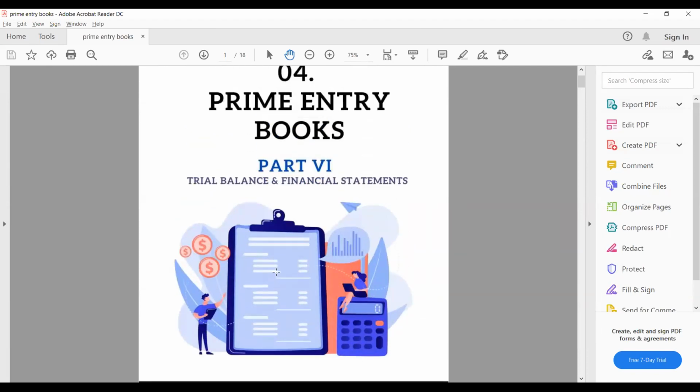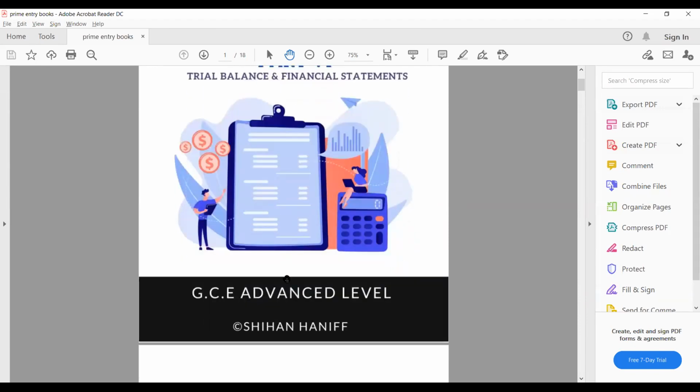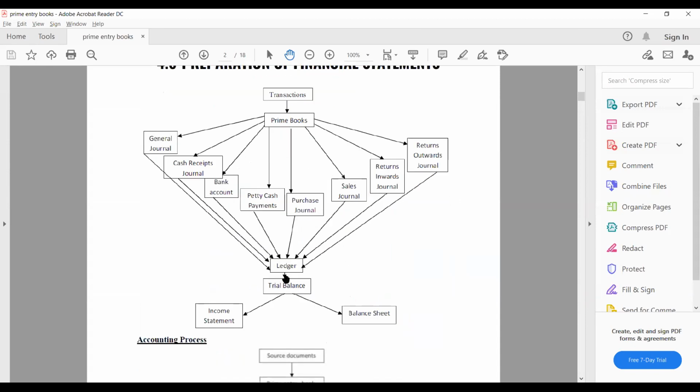Once we are done with the prime entry books, we have to prepare the trial balance, and from that we prepare the financial statements. So that's the complete process, and after that, it completes the accounting process. Right.